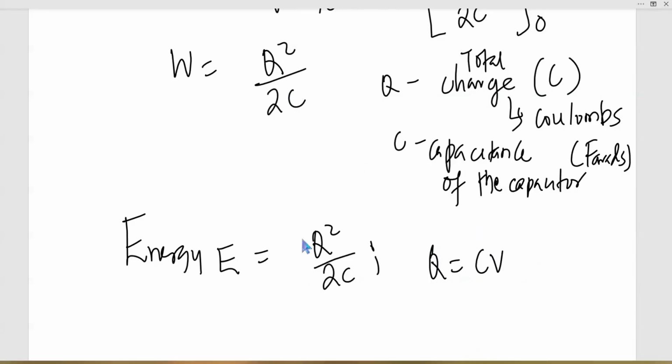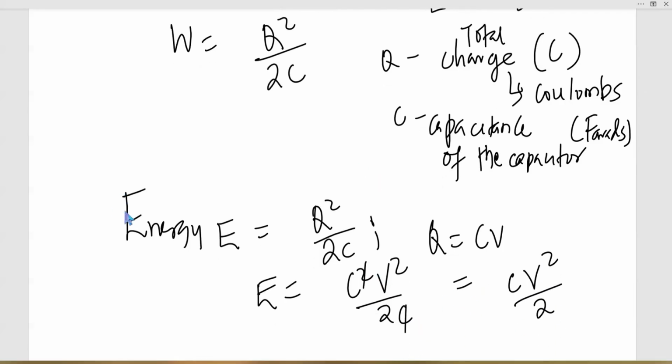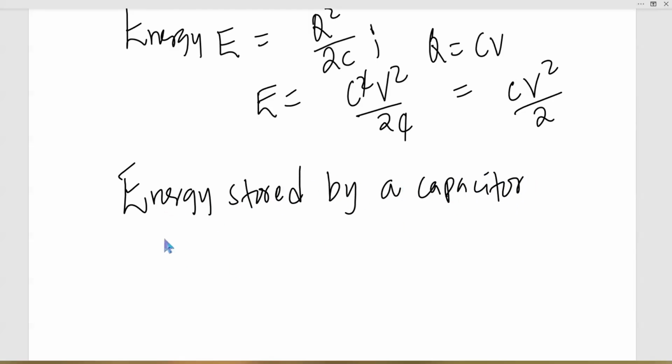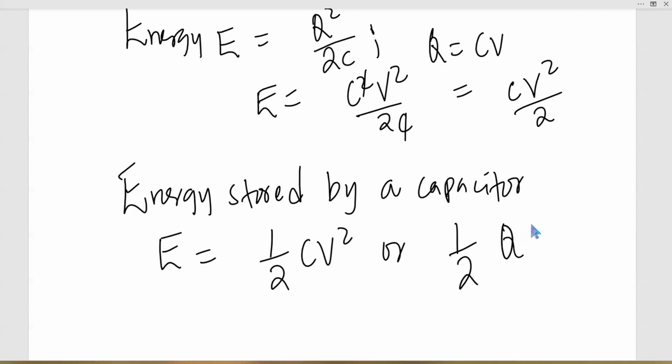So our energy becomes C squared V squared divided by 2C, which gives CV squared out of 2. Therefore, the energy stored by a capacitor will always be E equal to a half CV squared or a half Q squared out of C.